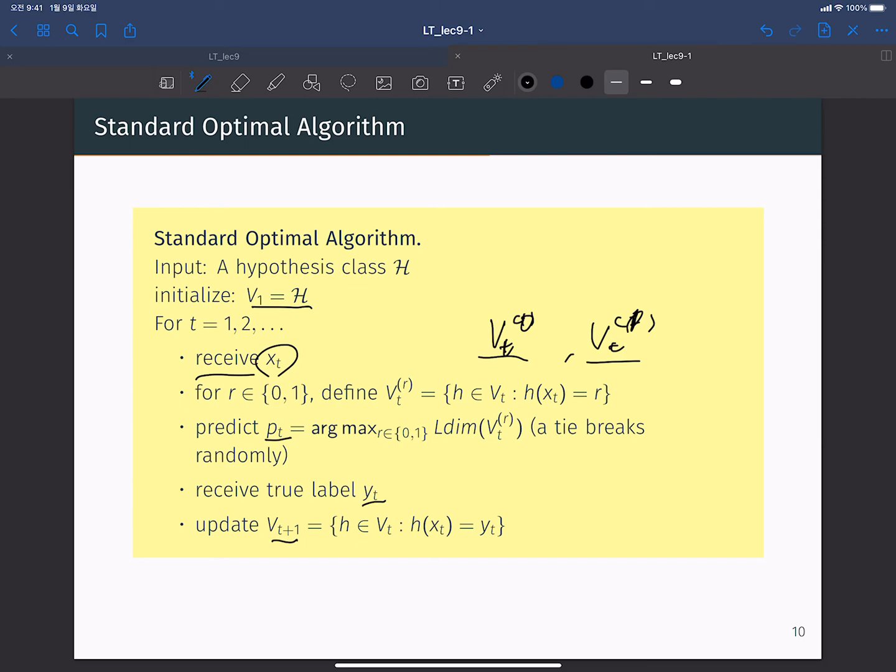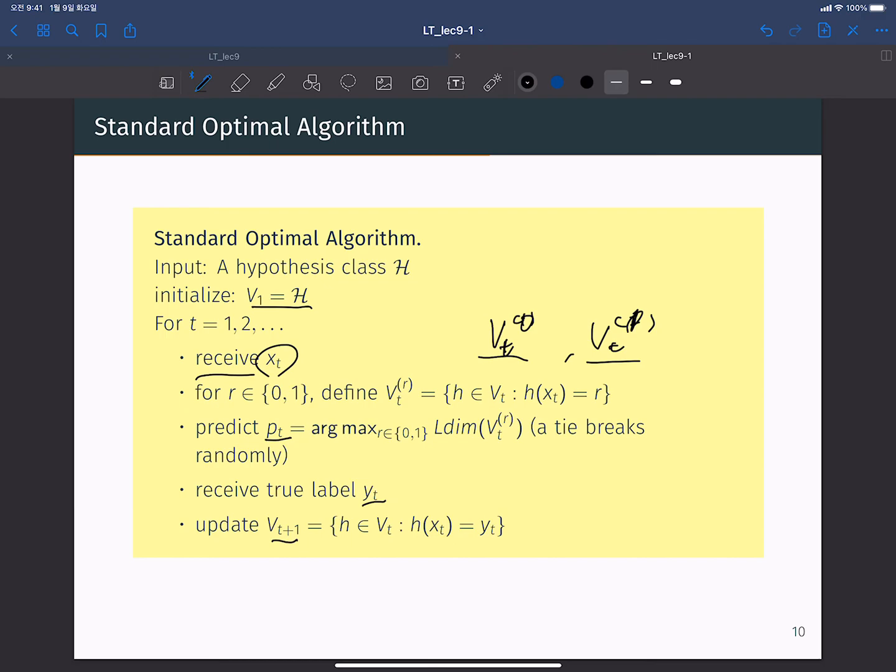But the problem here is, since the hypothesis class H has uncountably many hypotheses, we cannot count how many hypotheses are in Vt0 and how many are in Vt1. So instead of the number of hypotheses, we measure the size of the subsets Vt0 and Vt1 using L dimension.